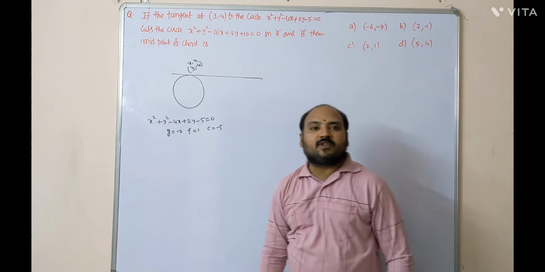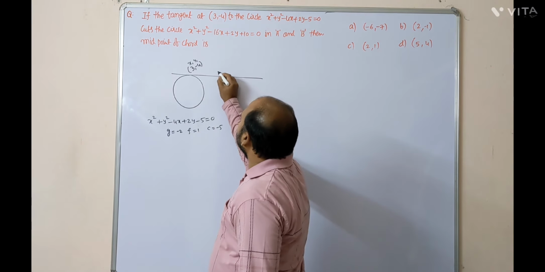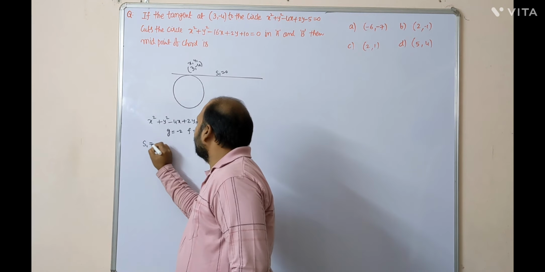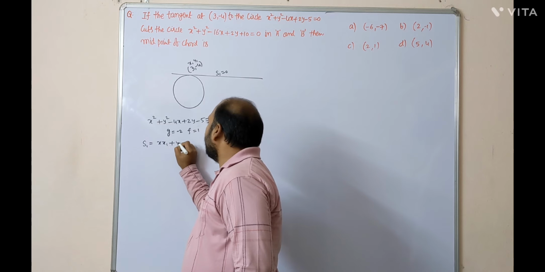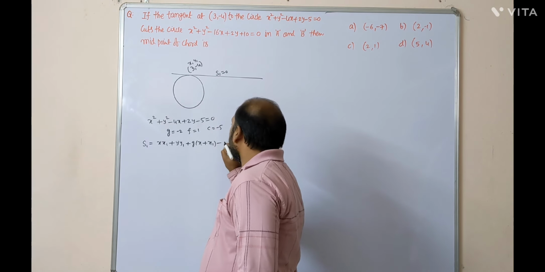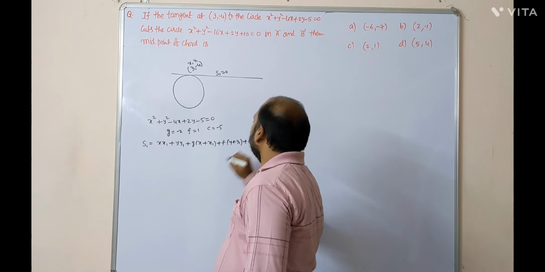Compare with the general equation of a circle, dear students. This is the tangent equation, so it is S1 equal to 0 only, no? S1: xx1 + yy1 + g(x + x1) + f(y + y1) + c = 0.